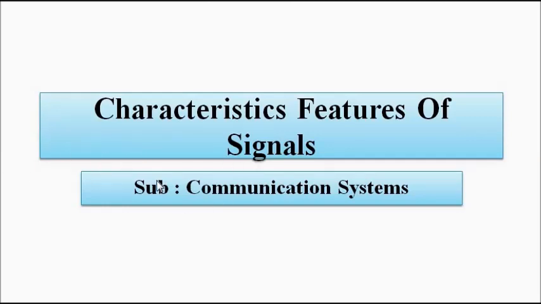So in this video we are going to discuss another important aspect related to the information source, the source of information, which is signals, basic characteristics of signals. After all, the information from the source is basically a signal.